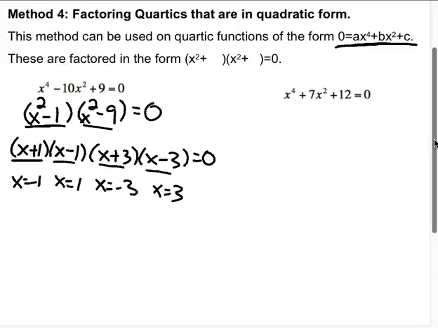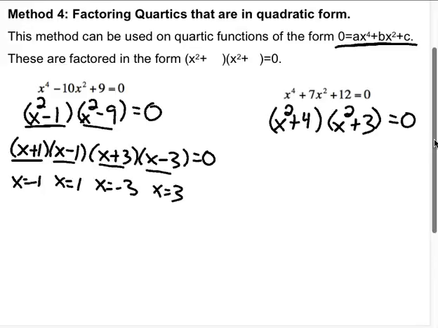So let's take a look at this next one. How can I break that up? Well, again, to get an x to the 4, I'm going to need an x squared and an x squared. And this time, to multiply to 12 and add to 7, I'm going to get that.